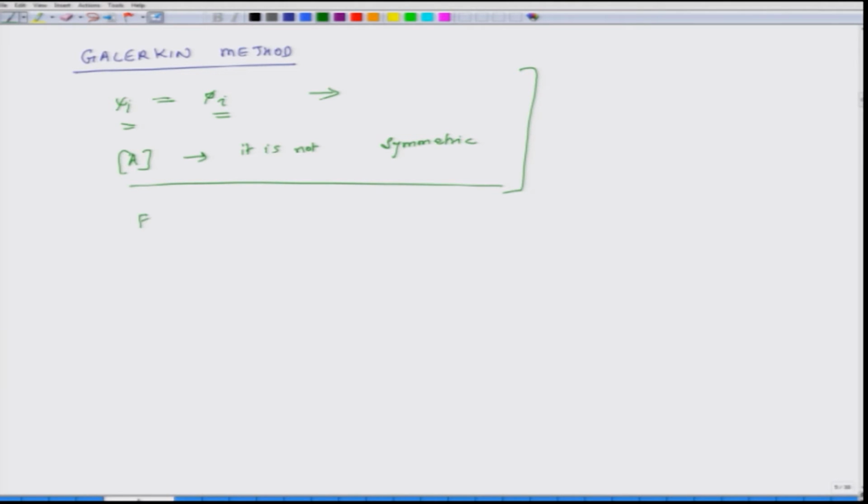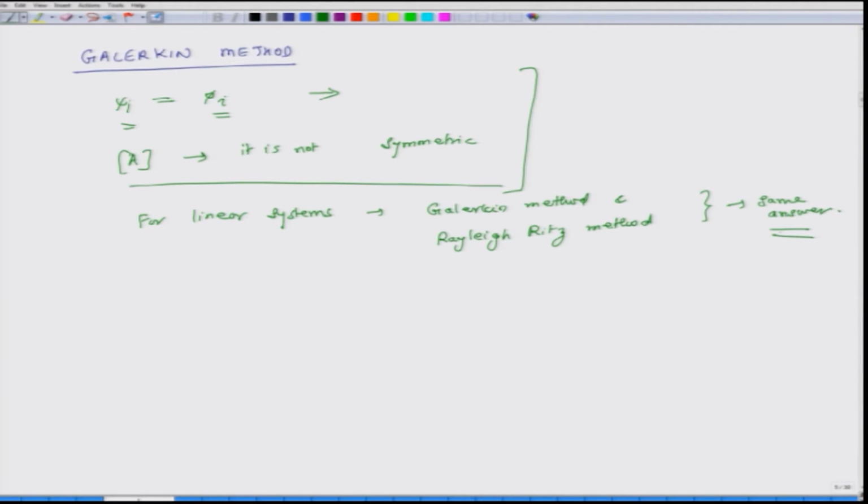For linear systems, this Galerkin method and the Rayleigh-Ritz method both of them give the same answer. Okay.